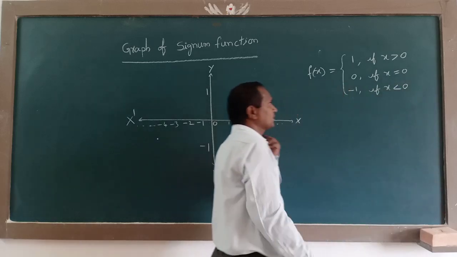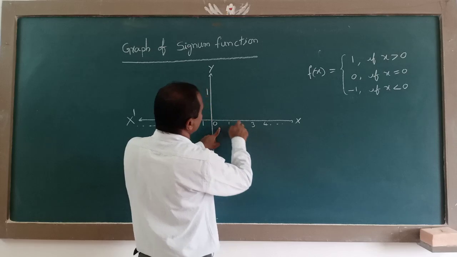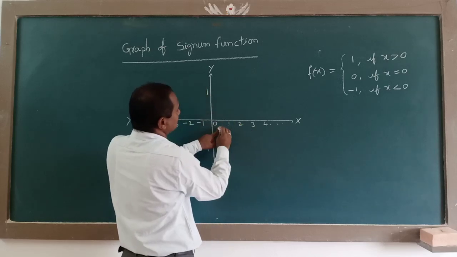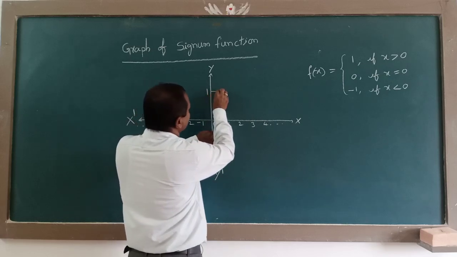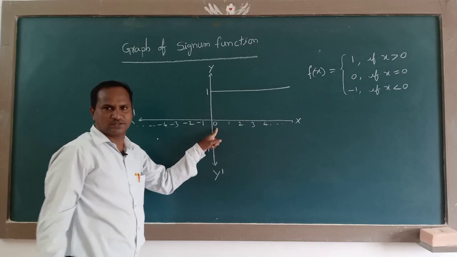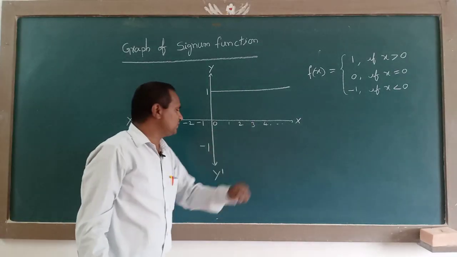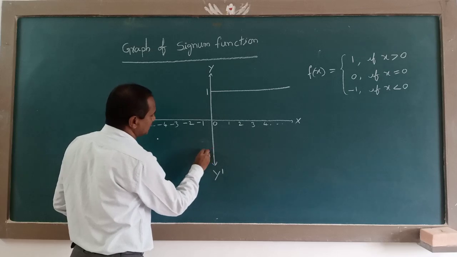For all positive numbers the function value is plus 1. That's why, corresponding to all positive real numbers, you get a line parallel to the x-axis on one side only, in the first quadrant. Next, minus 1 comes here.